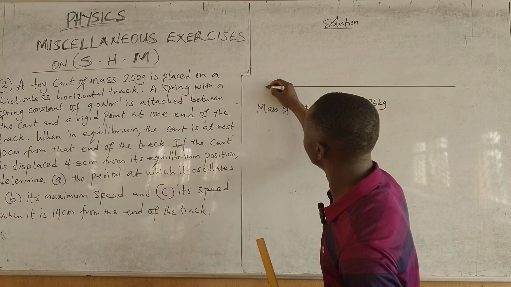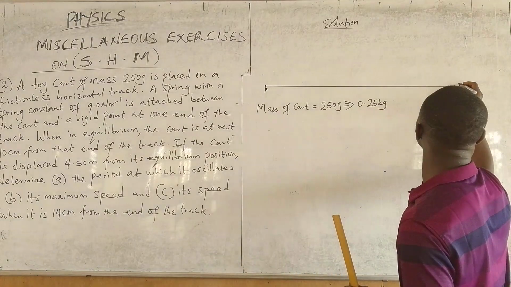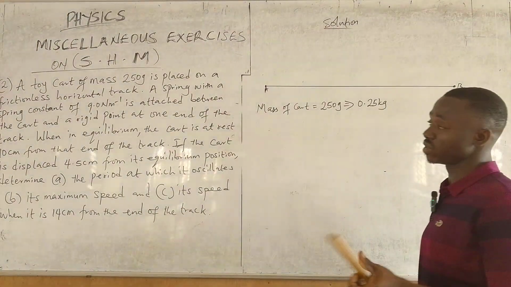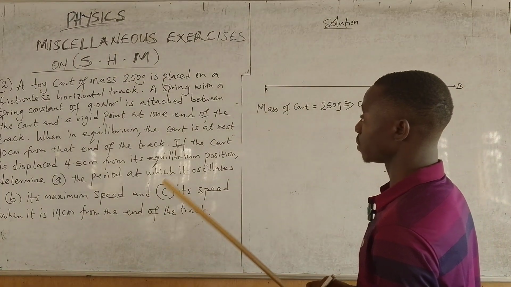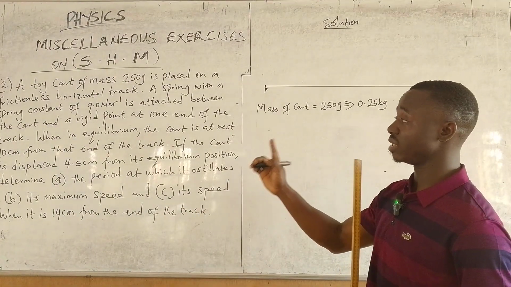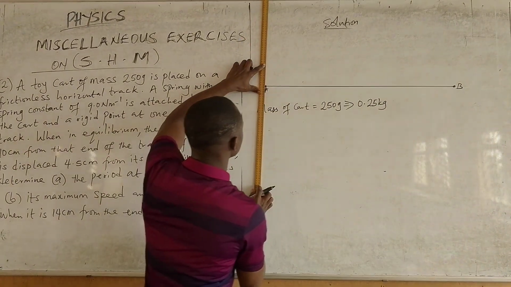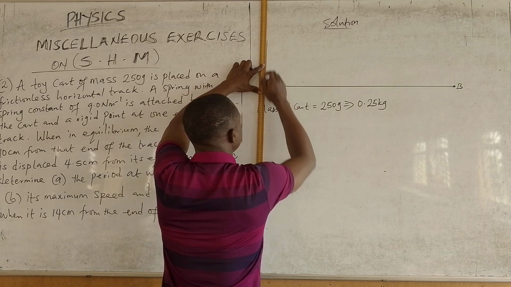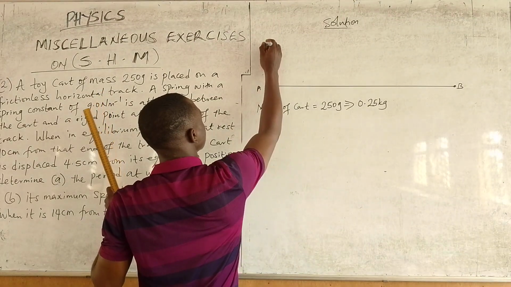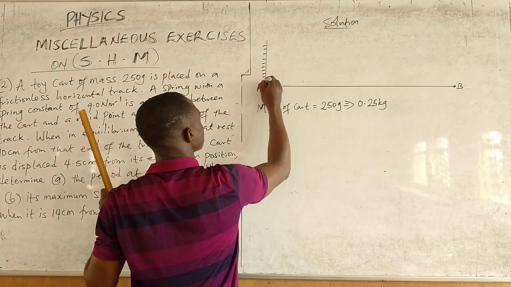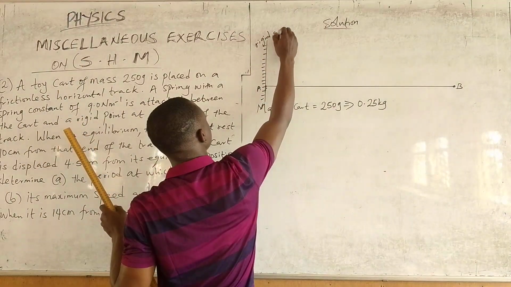So let me assume these are the ends of the track, end A and B. So these two ends are the ends of the track. A spring with a spring constant of 9.0 Newton per meter is attached between the cart and the rigid point at one end of the track. So let me pick end A as that point where we have our rigid support. This is the rigid support.